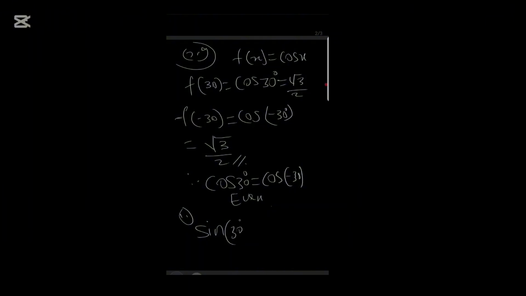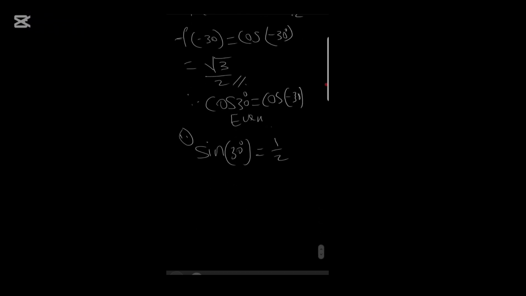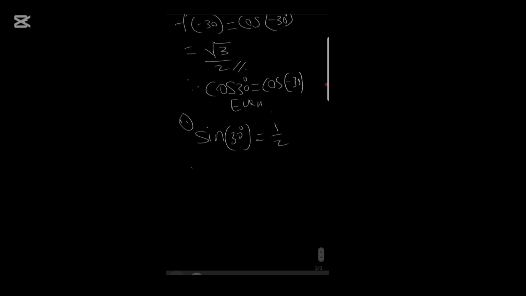And now if we take another example for sine, when you put sine 30 degrees, it will be 1 over 2. So now if we try sine of minus 30 degrees, it will be minus 1 over 2. What's the meaning of this? The meaning is that sine of minus 30 degrees is equal to minus sine of 30 degrees.